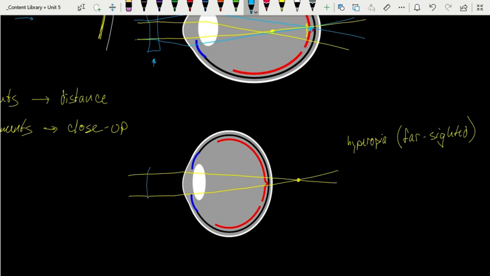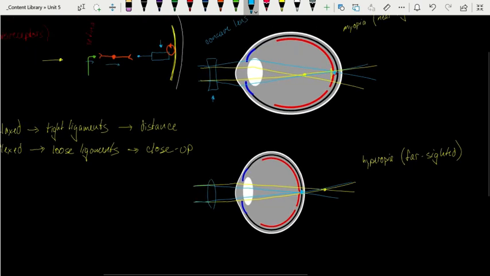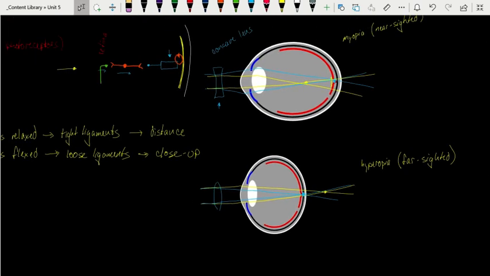Here we have a convex lens. Now, as light comes in, it's bounced inward. And we get the focal point right where we want it to be. Anyway, not the best drawings, but you get the idea on how that works. And that is essentially the anatomy of the eye.